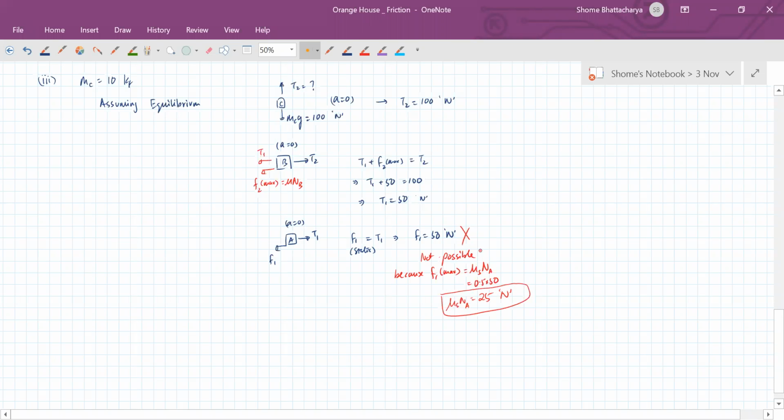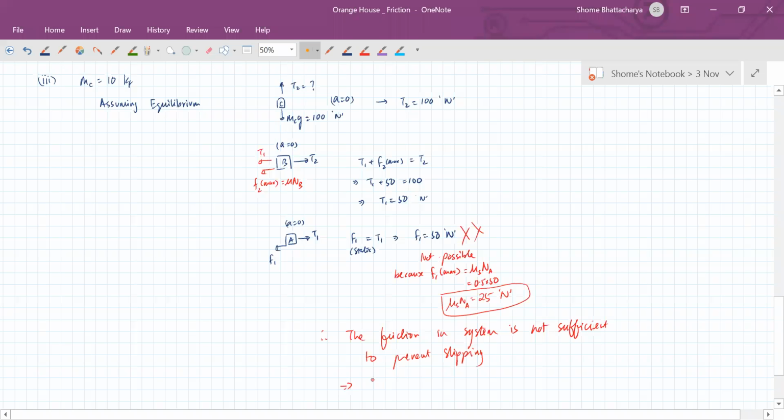So therefore, we can see that this is not possible. So the friction in the system is not sufficient to prevent slipping.